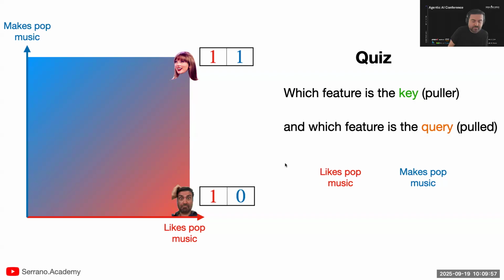So makes pop is the key or the query? Makes equals key. I always get confused with this. Yeah, I need to reveal the answer because I always get confused. Key is likes pop music and query is makes pop music.